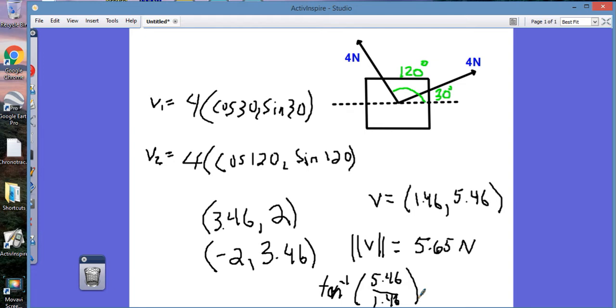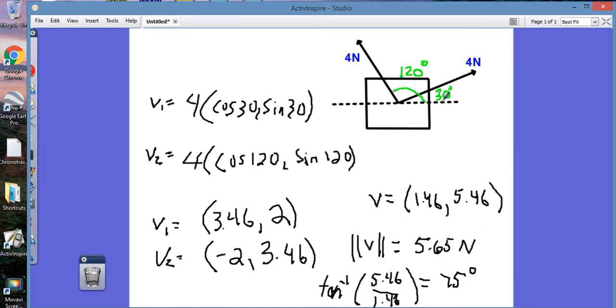You do the arctan of that, I believe you're going to get 75 degrees. Okay, so this is your formula for the individual vectors. Create your two vectors, and then you're going to add those together, get a resultant vector, and then you know your magnitude and your direction from those.